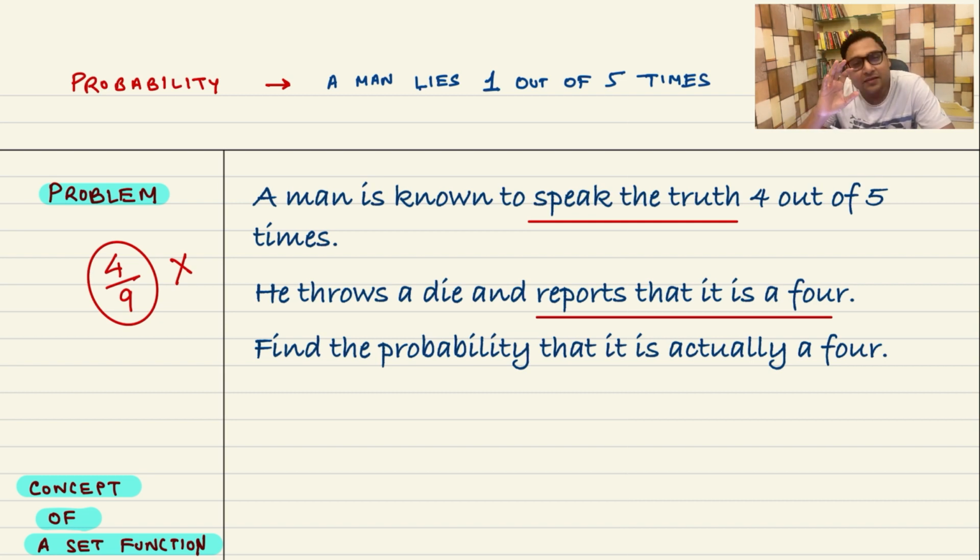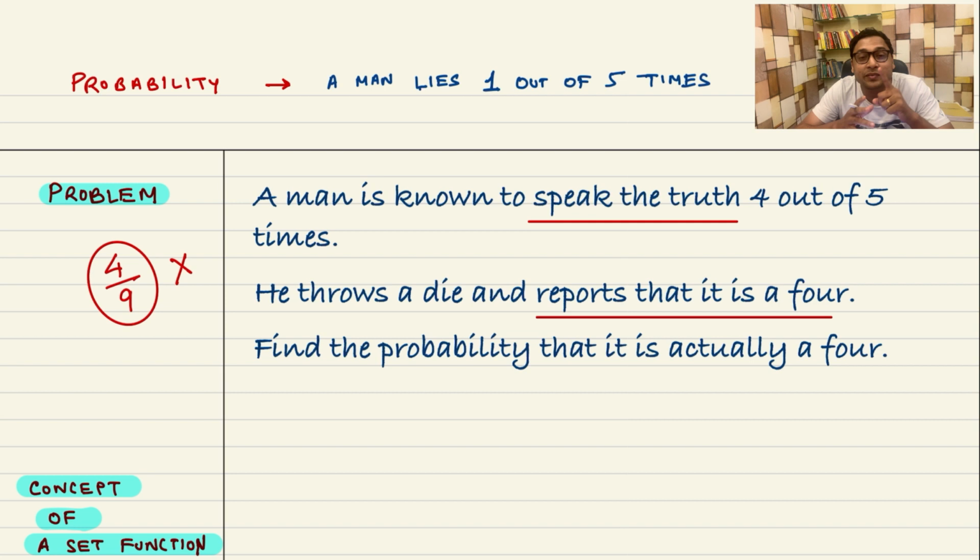Now, there is a bit of history to this problem. One of my friends asked this question to me, and apparently, there are many sources on the internet which solve this question in a wrong way. In fact, they get the answer 4 over 9. So, I looked into the solutions that they gave, and there was a very fatal error in those solutions.